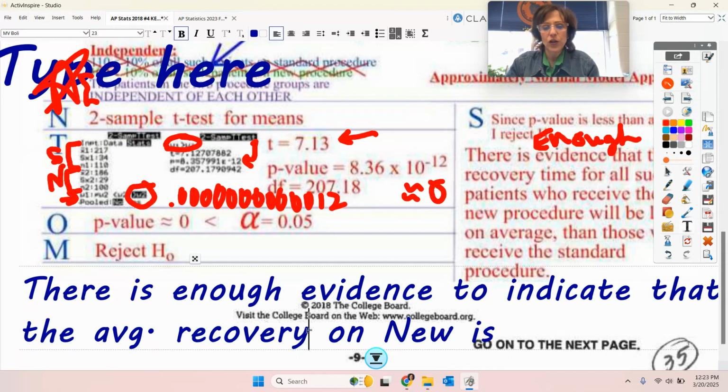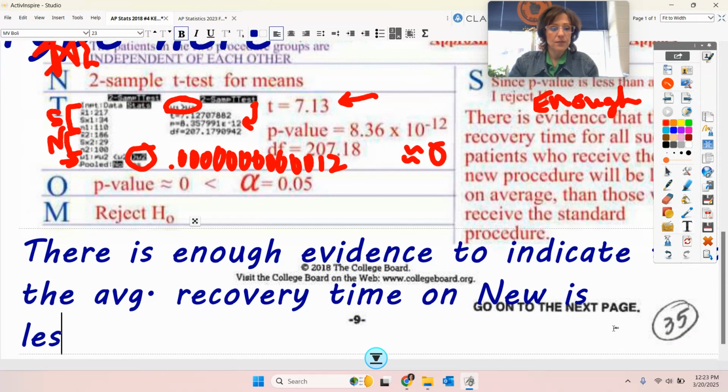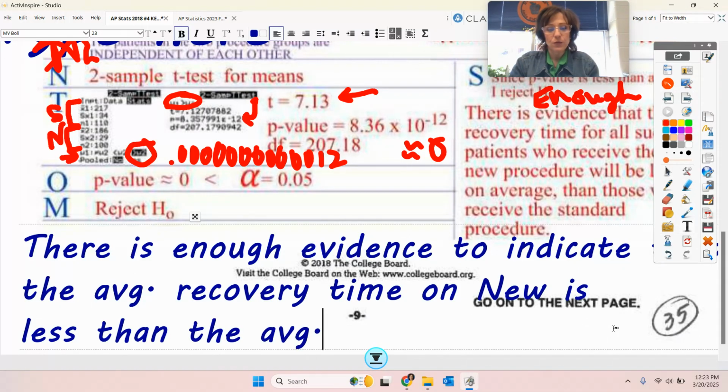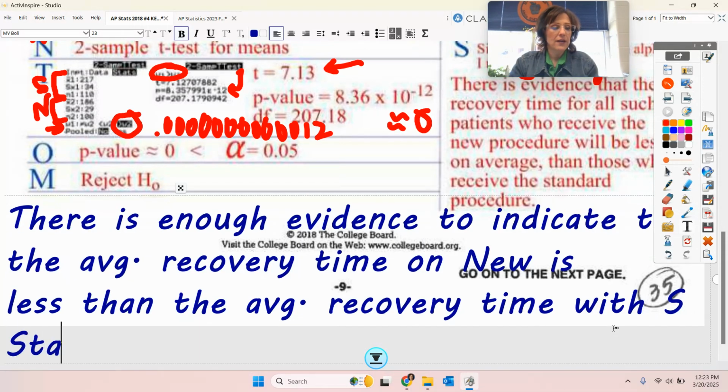So you need to word it correctly. So the average recovery time with the new surgery is less than the average recovery time with the standard procedure. Okay? And so on. So there you go.